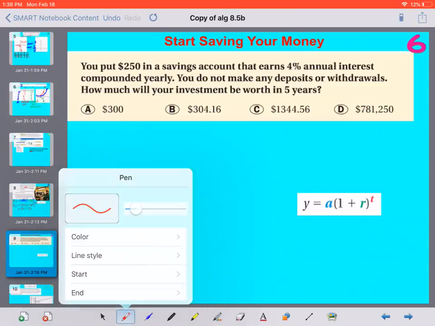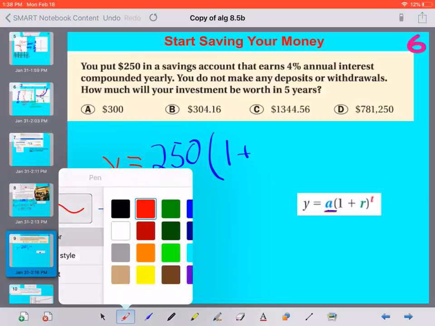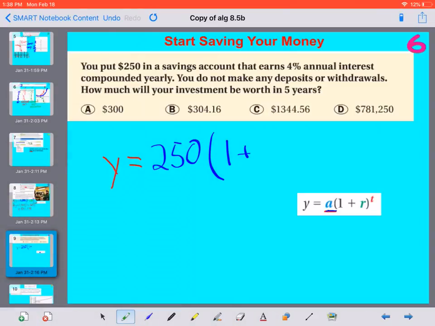Well, let's see. We start with y equals A, the amount of money you put in right away. So you put in $250 right away. Over time, it's 1 plus whatever your rate was. Your rate was 4%.